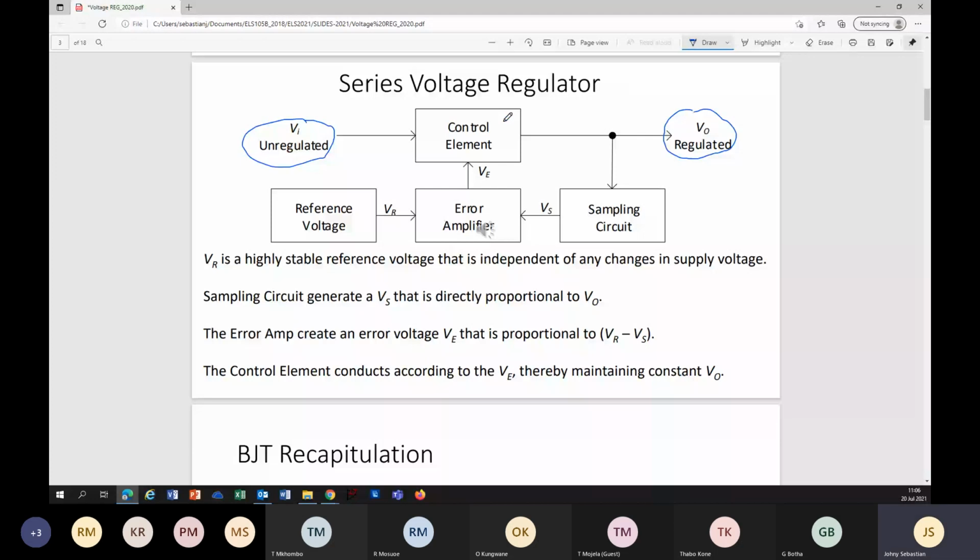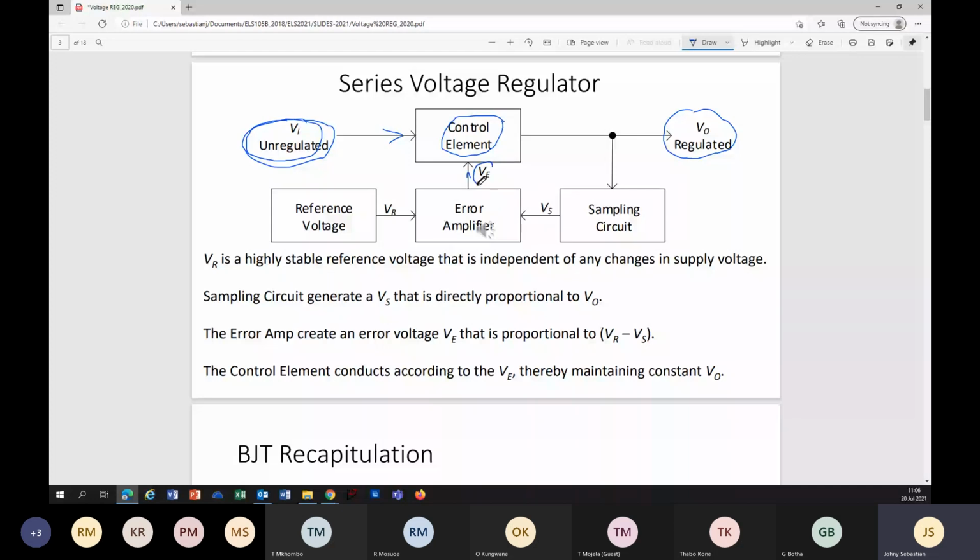Now, look at the control element. There are two arrows coming in. One arrow here and another arrow coming there as well. So two arrows coming in, that means the control element is receiving two inputs. The first input is called VI unregulated. The second input is called VE, that is an error voltage.